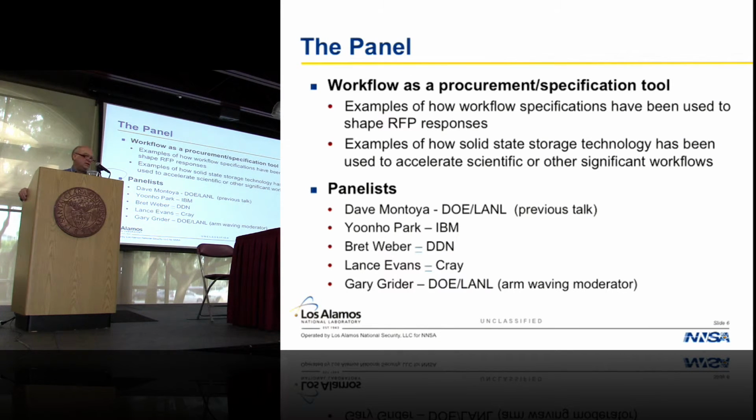He's worked on InfoSphere Streams and Blue Gene and other things, so he is part of this community and he knows what he's talking about. He's going to give us a 20-minute talk, and then the other vendors will give us a 20-minute talk: Brett Weber from DDN and Lance Evans from Cray. Both are long-time architect kind of people in this environment as well. And then we'll have a panel, and then we'll have lunch. So without any further ado, Ewan.